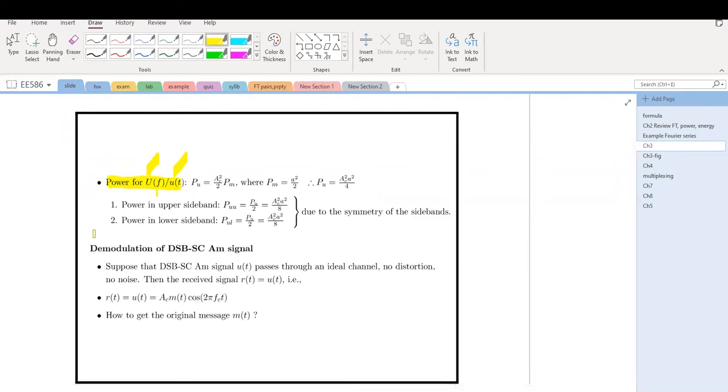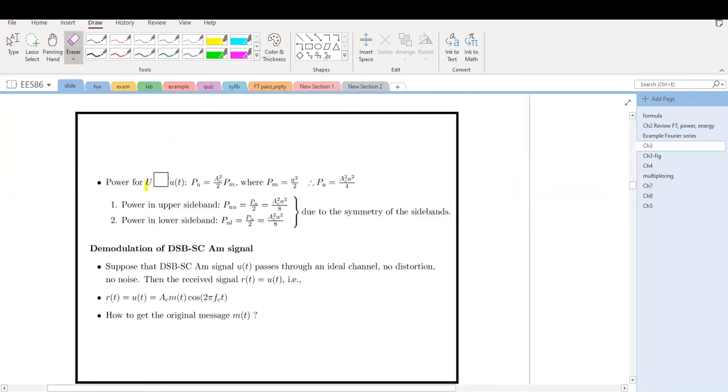And no matter what you call the signal, the time domain or frequency domain, you're referring to the same signal. So don't get confused by these two terminologies.